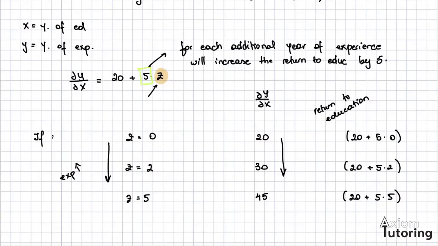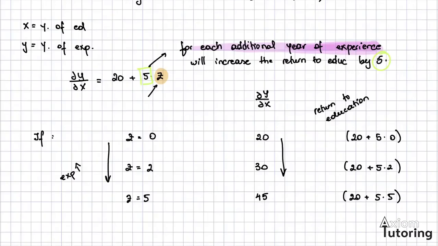So the emphasis, the highlight in here is on for each additional year of experience, okay? Which means that if it's 1 year of experience, the increase will be 5. But if it's more than 1, it means that number needs to be multiplied by the 5.